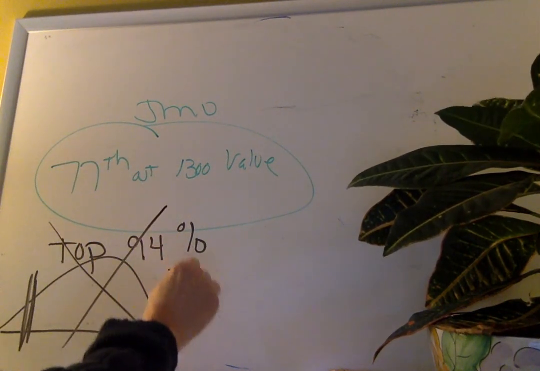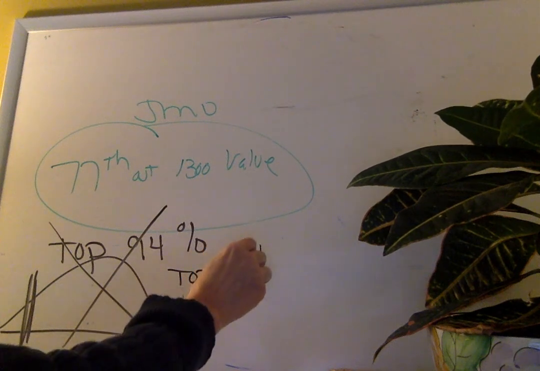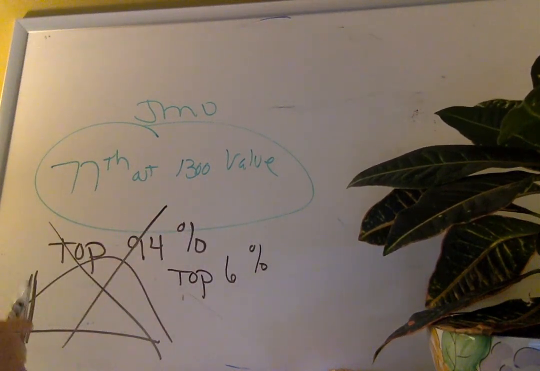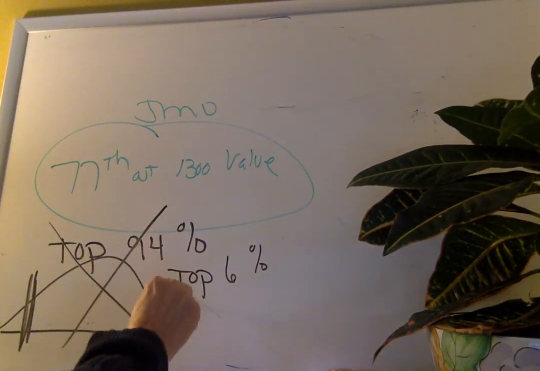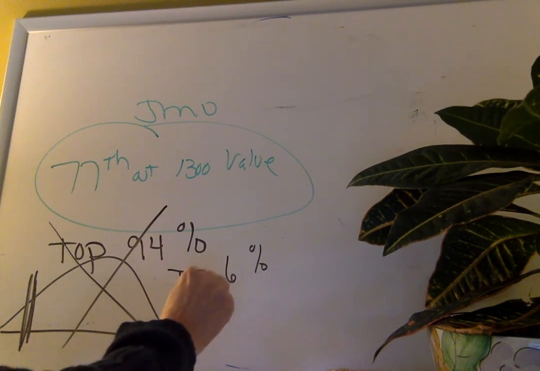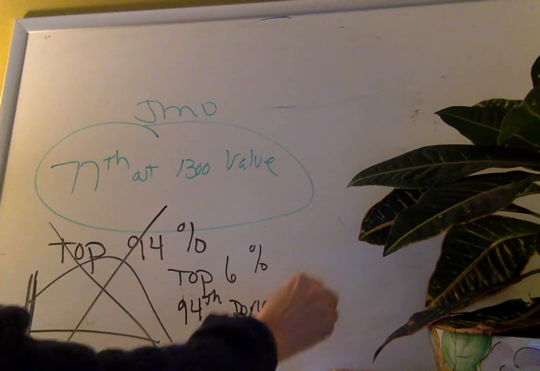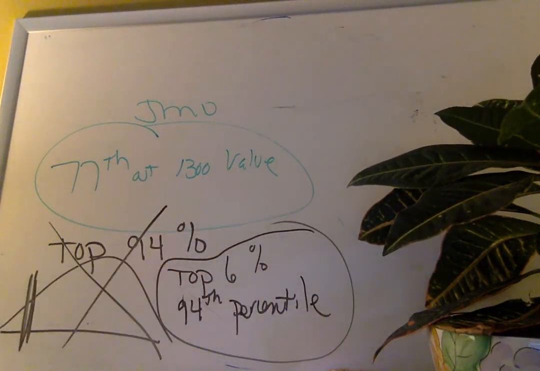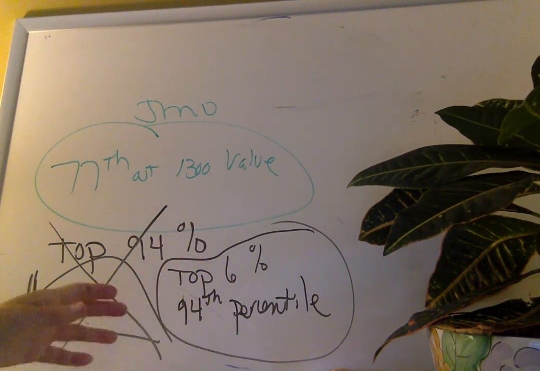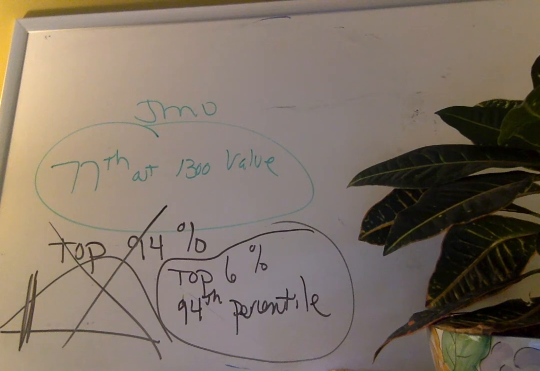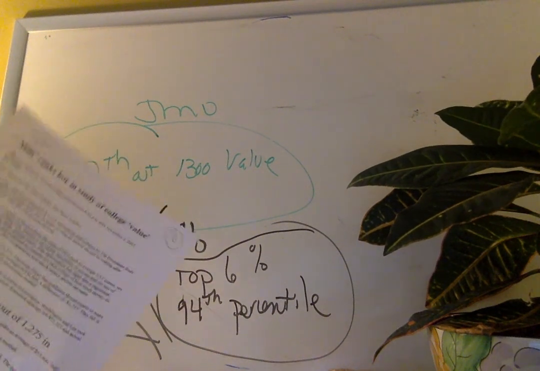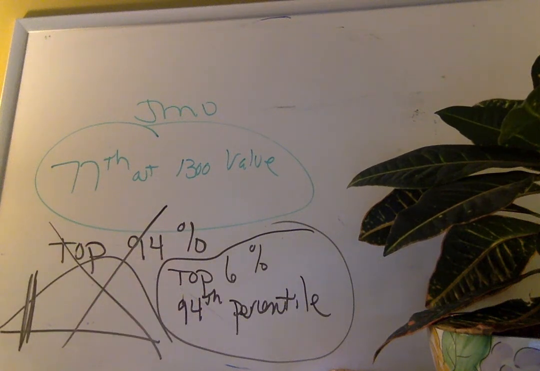She either could have said the top 6%, but I feel like she wanted to use the number 94, so she could have said the 94th percentile. One of those two would have been correct, but not what she said. So understanding the definitions in statistics will help you be a local reporter for the newspaper.